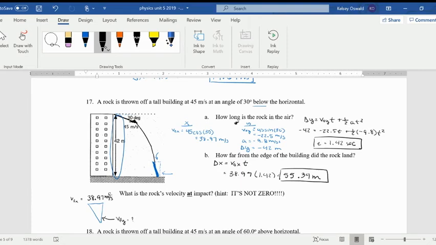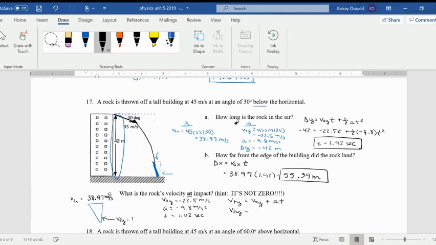Okay? So looking in the y direction, we knew our initial y velocity was negative 22.5, and we know that our acceleration is negative 9.8. And we now know that it takes 1.42 seconds to hit the ground. We could also use our displacement, but since we know these three variables, we can use our equation: final y velocity is equal to initial y velocity plus acceleration times time.